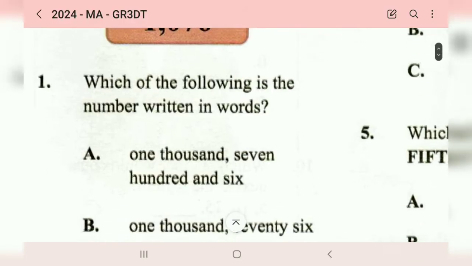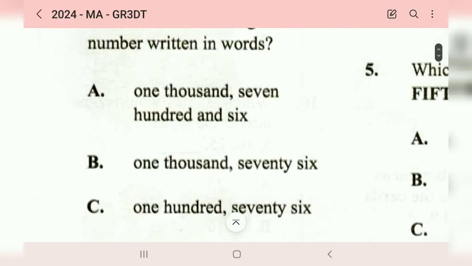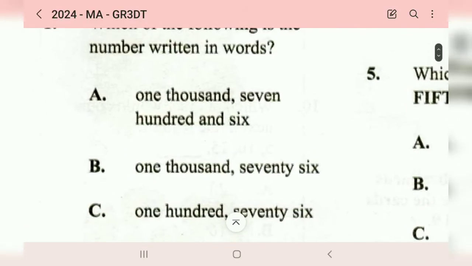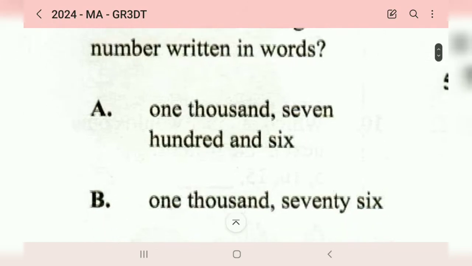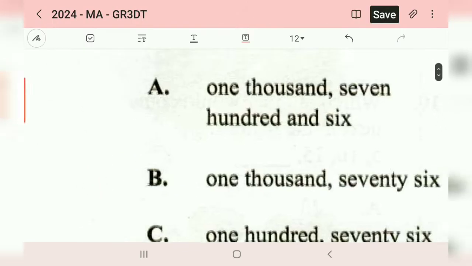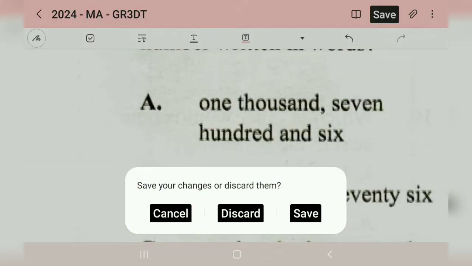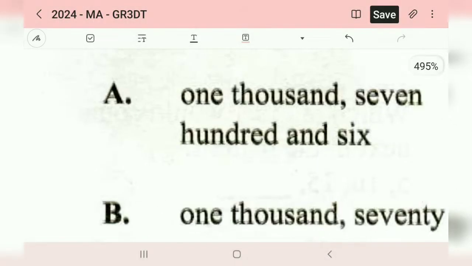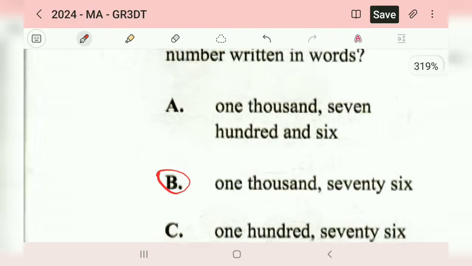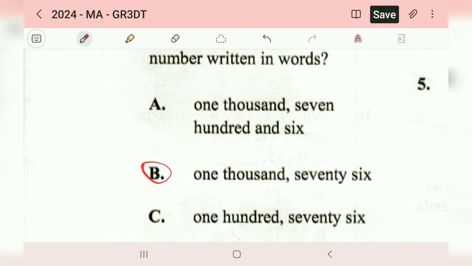Then no 100, so let's see. A says 1700, but in this number there's no 100, so it's going to be B. Oh, no, cancel. Let's get back. The answer is B. 1000, no 100, 76.